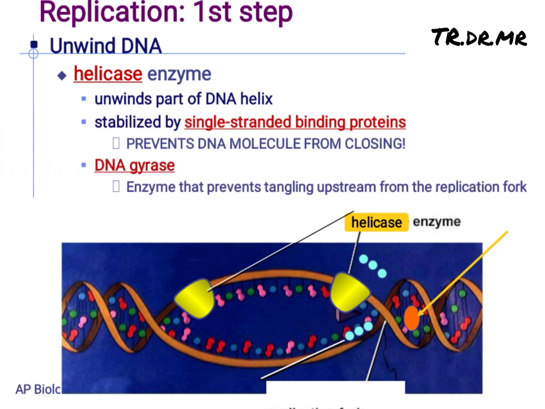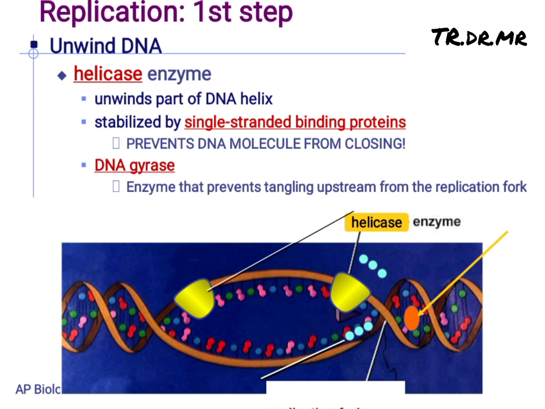Now, the unwound single strands of DNA are stabilized by what we call single-stranded binding proteins. These single-stranded binding proteins are very important because, one, they prevent the DNA from rewinding, because it is sticky and has a tendency to rewind again. And two, they also protect the DNA from being worked on by endonucleases.